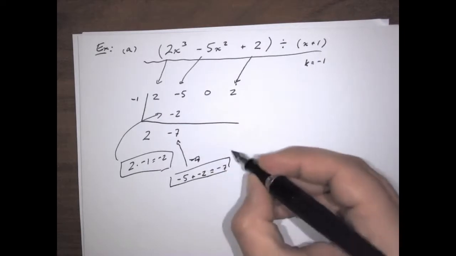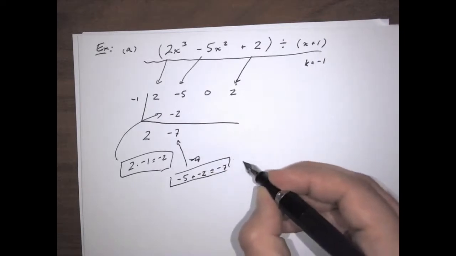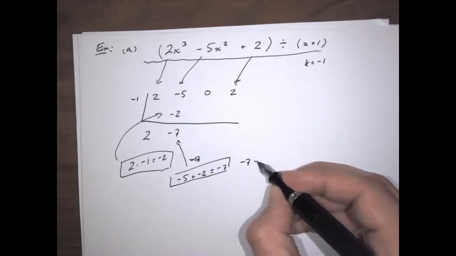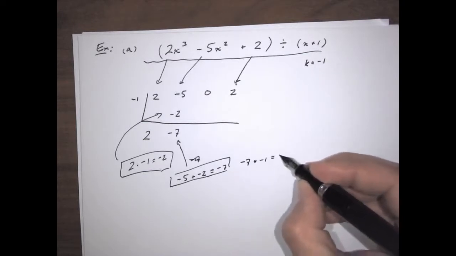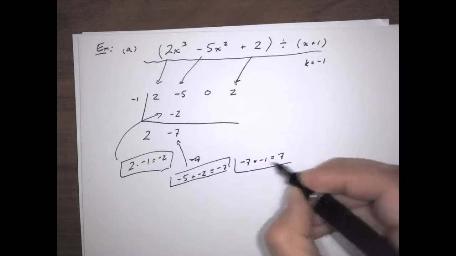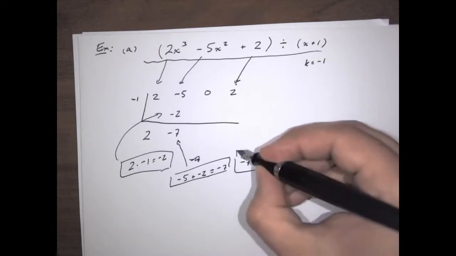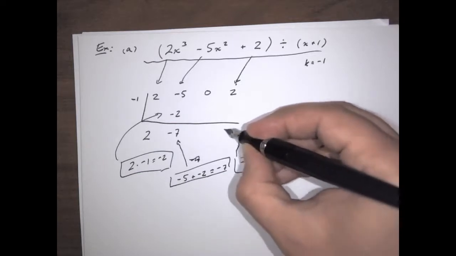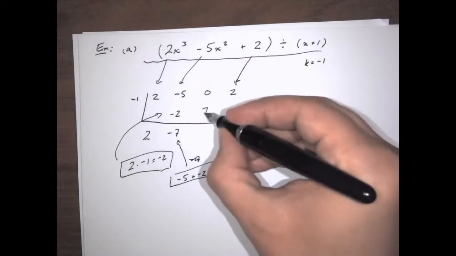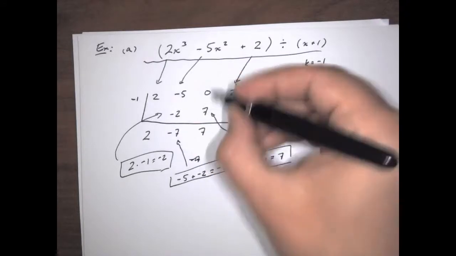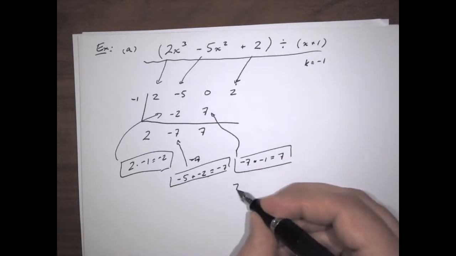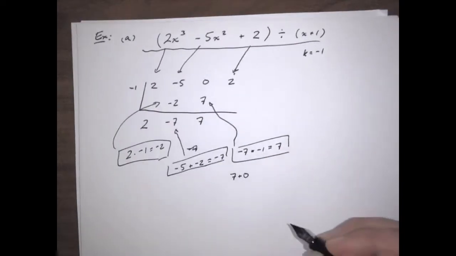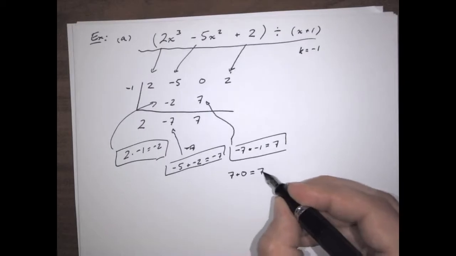Then we do the negative 7 times negative 1, so times the k. That equals 7. And that's what goes up here. And then we add those to get a 7. So 7 plus 0 equals 7.